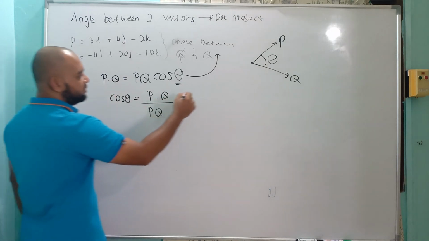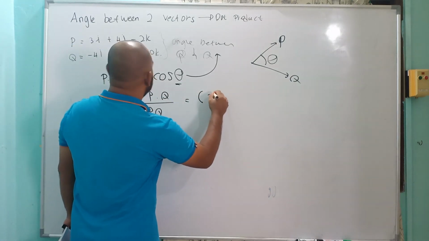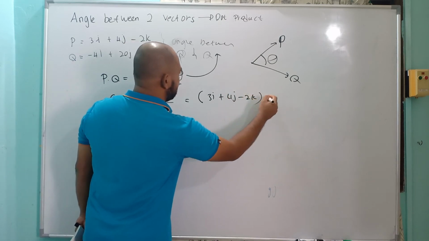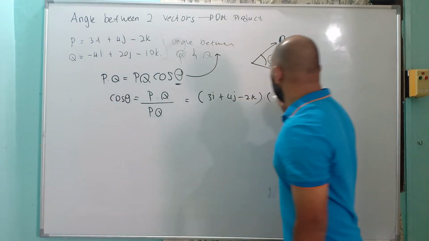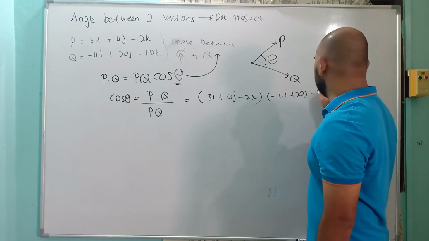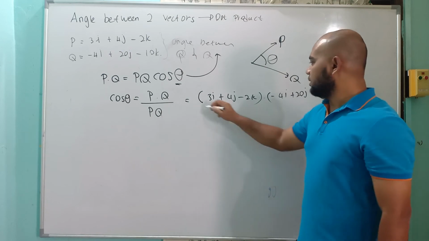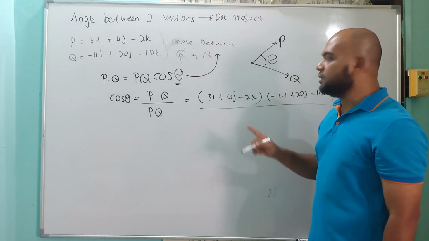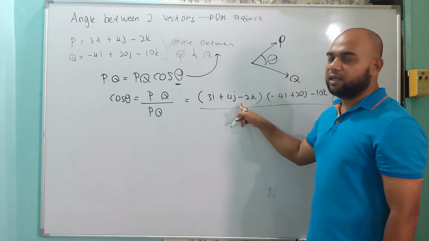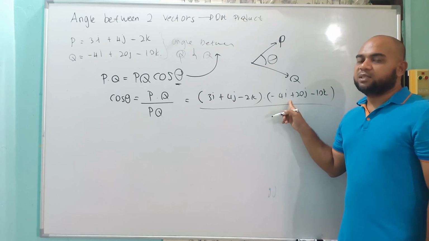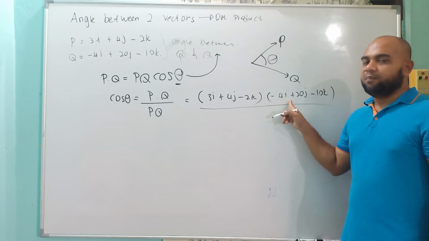P dot Q is this one: 3i plus 4j minus 2k dot negative 4i plus 20j minus 10k. This is a scalar, because a dot product becomes a scalar.